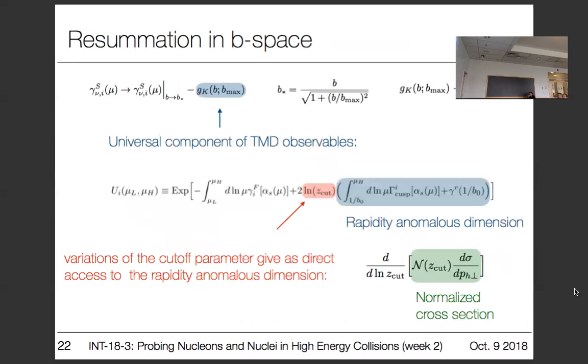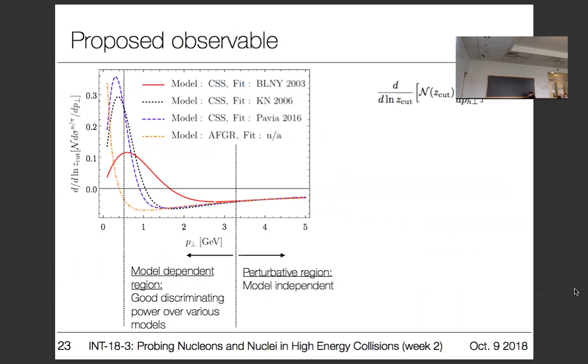So how can we explore the sensitivity of the rapidity anomalous dimension to this logarithm in front of it, in order to get some additional information regarding the non-perturbative part that comes with the rapidity anomalous dimension? Well, one approach that we thought might be interesting to study is to normalize the cross-section and then take the logarithmic derivative with z-cut. And we did that for the 4 models here.